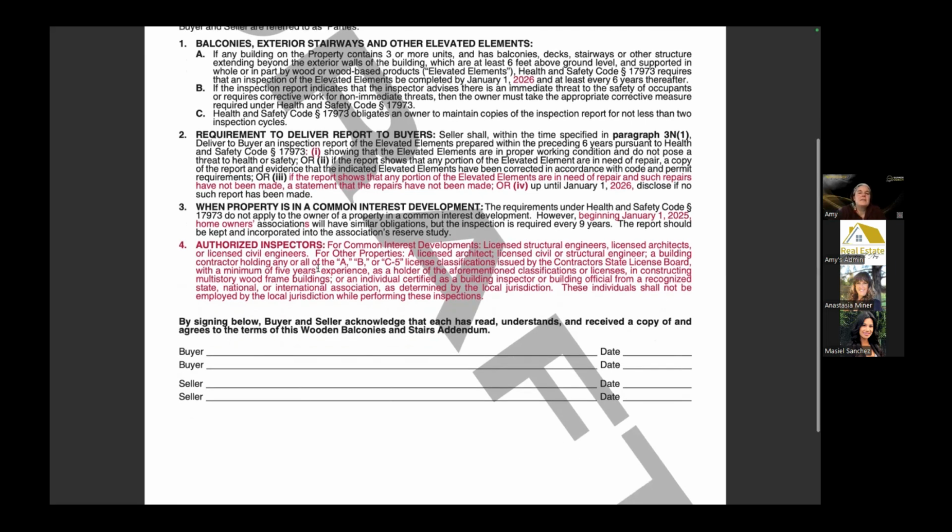Okay, authorized inspectors for common interest developments: licensed structural engineers, licensed architects, or licensed civil engineers. For other properties, a licensed architect, licensed civil or structural engineer, a building contractor holding any or all of the A, B, or C-5 license classifications issued by the Contractor State Licensing Board with a minimum of 5 years experience as a holder of the aforementioned classifications or license in constructing multi-story wood frame buildings, or an individual certified as a building inspector or a building official from a recognized state, national, or international association as determined by the local jurisdiction.